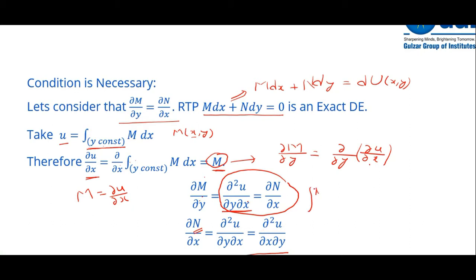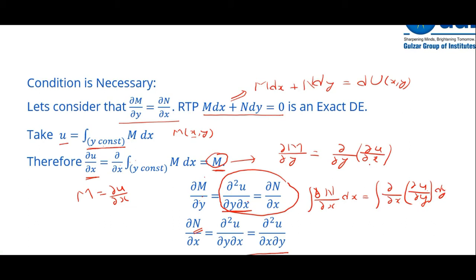What we will get, ∂n/∂x dx is equal to the integral of ∂/∂x of ∂u/∂y dx.